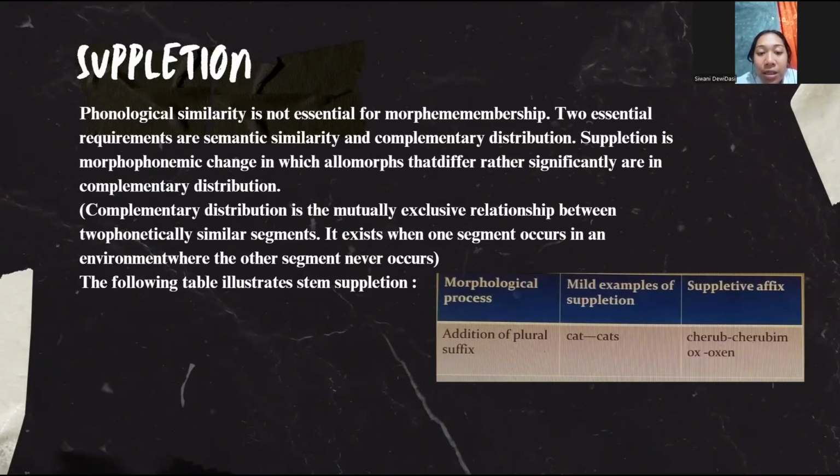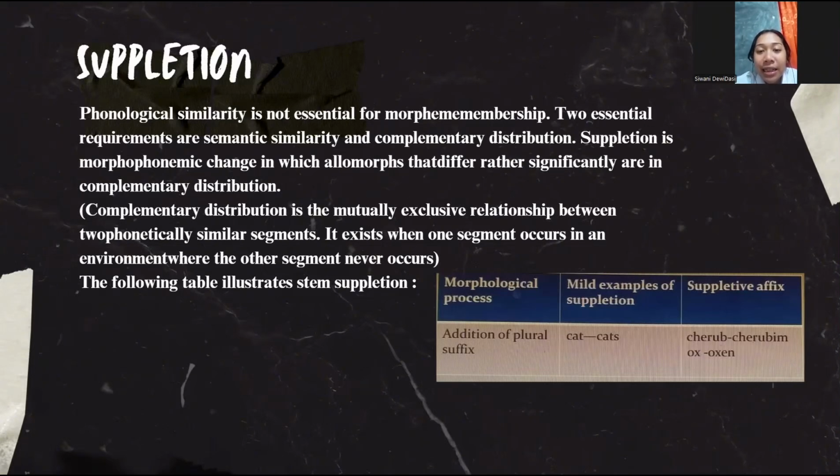Complementary distribution is the mutually exclusive relationship between two phonetically similar segments. It exists when one segment occurs in an environment where the other segment never occurs. The following table illustrates systematic suppletion, and you can read the examples in the table. We have the morphological process, made examples of suppletion and suppletive affix.